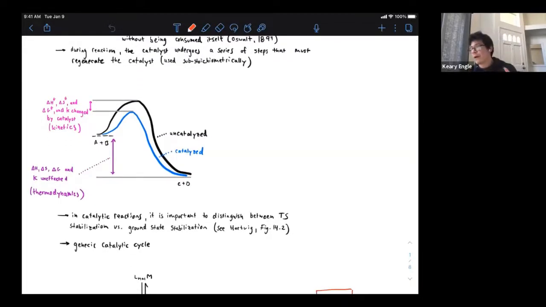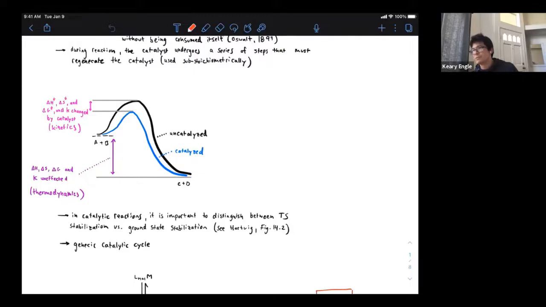And so just to define that rigorously in terms of delta H, delta S, and delta G, here's a comparison of just a generic A plus B goes to C plus D reaction in the presence and absence of a catalyst. The absence of the catalyst is shown in black. And the key point here is that delta H, delta S, and delta G do not change.